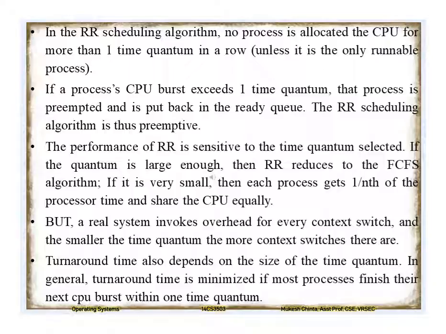If it is very small, then each process gets 1/n of the processor time and shares the CPU equally. But a real system incurs an overhead for every context switch, and the smaller the time quantum, the more context switches there are.